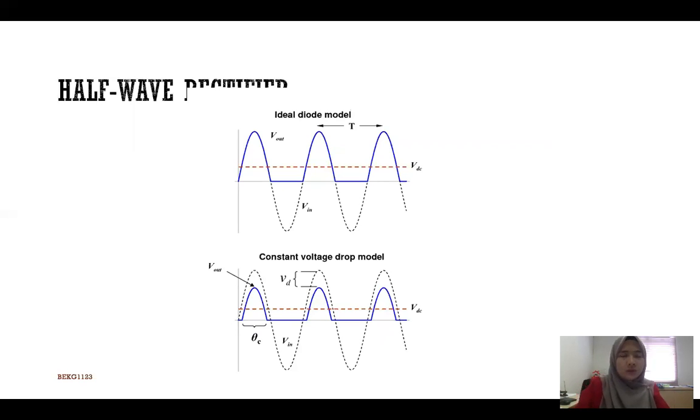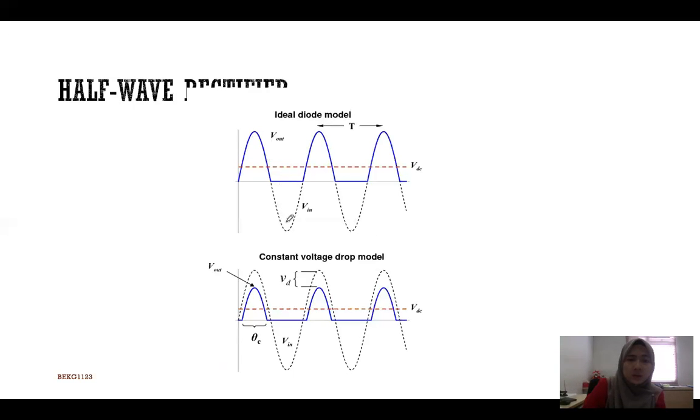So this is the difference between the ideal diode model and the approximate model. This is approximate because you take into consideration the silicon equals to 0.7 volt. This one is the ideal diode model.